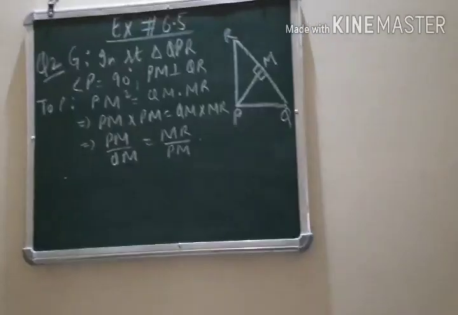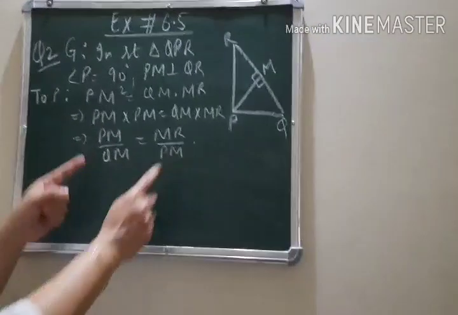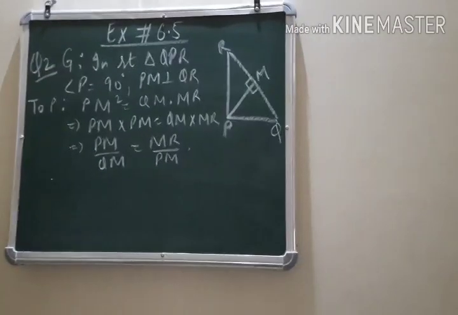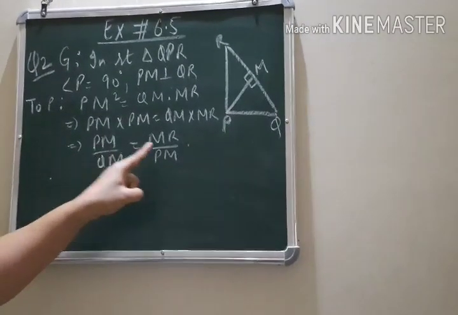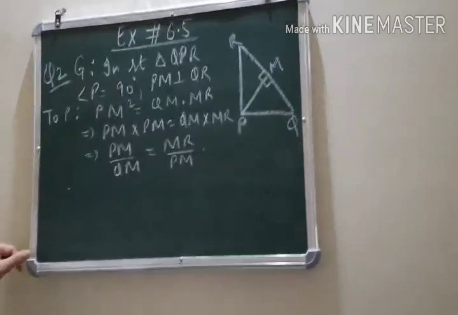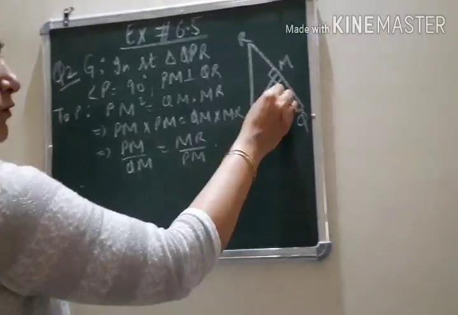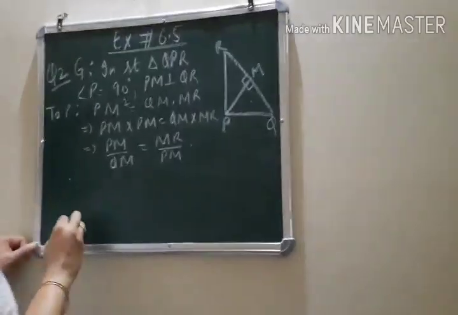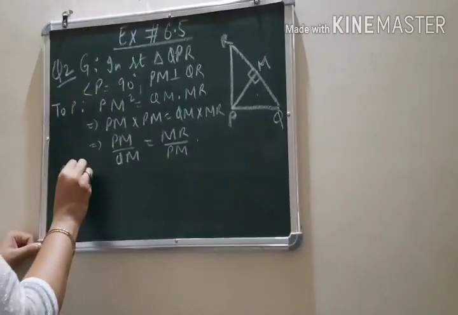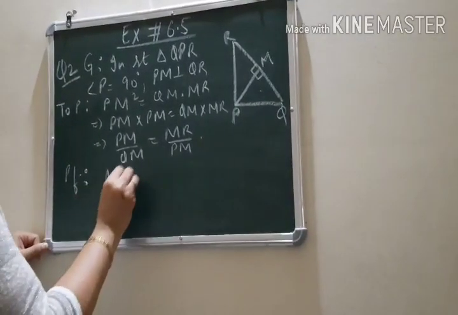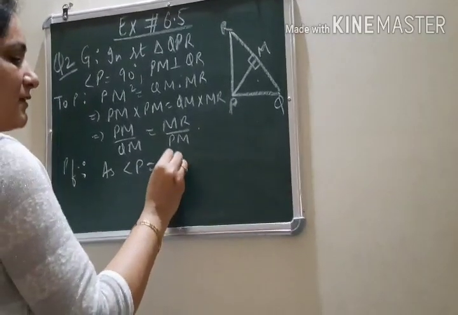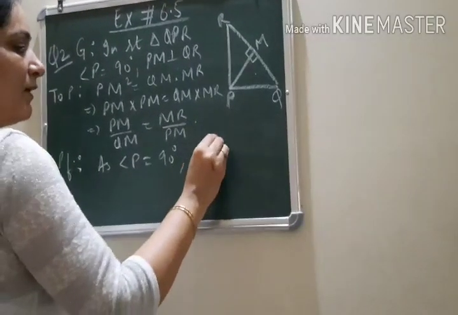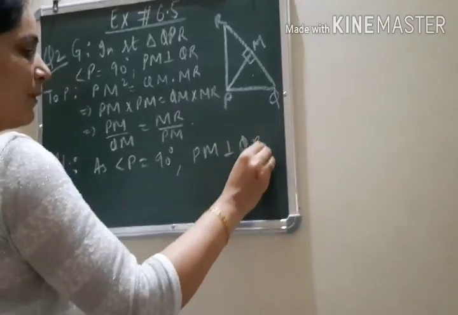So if I write it like this, that means I have to prove two triangles similar, right? Which triangles are these? This is PMQ and PMR. So you can write that angle P is 90 degrees and PM is perpendicular to QR.